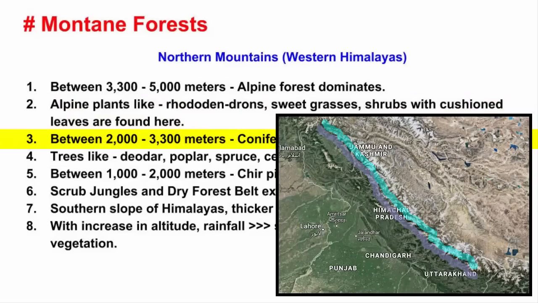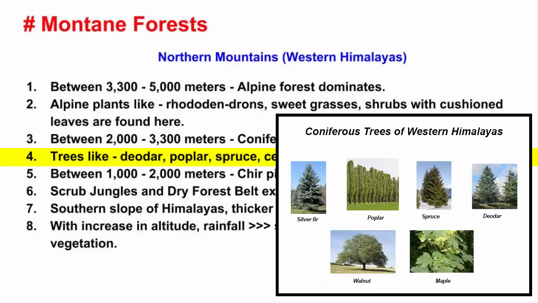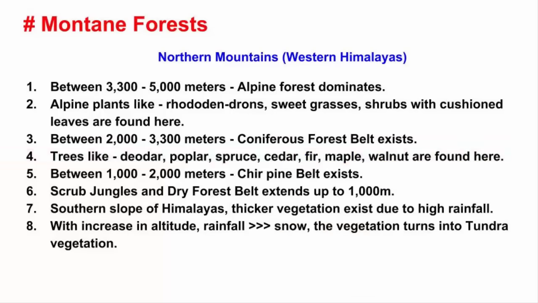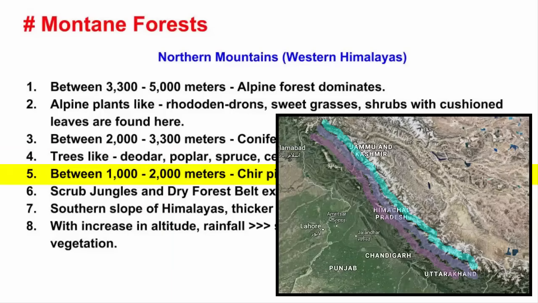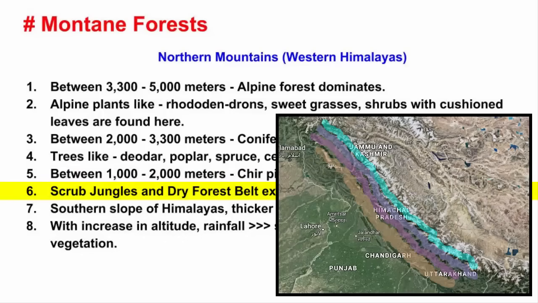Coniferous forest belt starts between 2,000 and 3,300 meters. Trees like deodar, poplar, spruce, cedar, fir, maple, walnut, etc. are found here. Chirpine belt lies at an altitude between 1,000 meters and 2,000 meters. Scrub jungles and dry forest belt extends up to 1,000 meters.